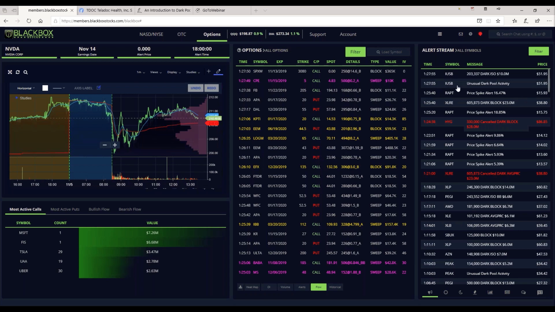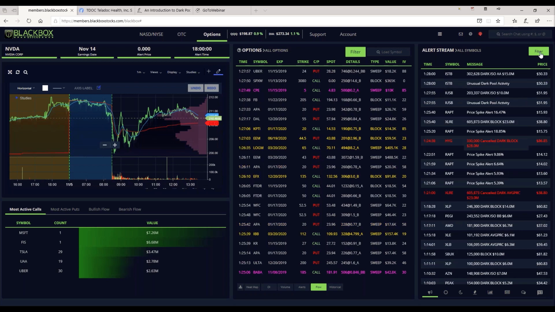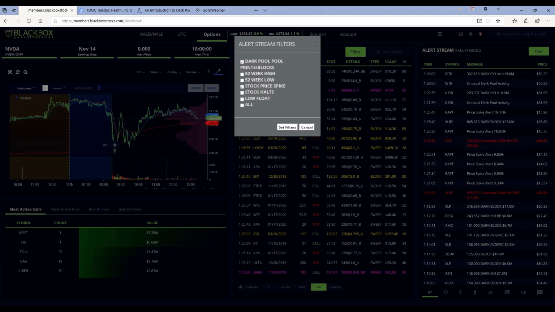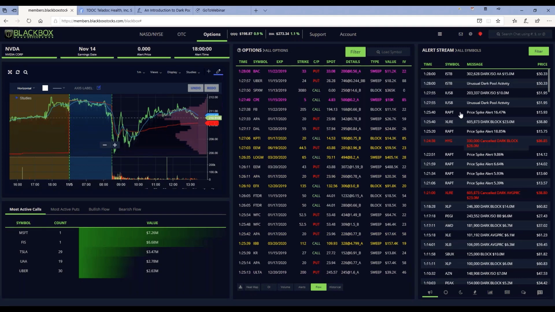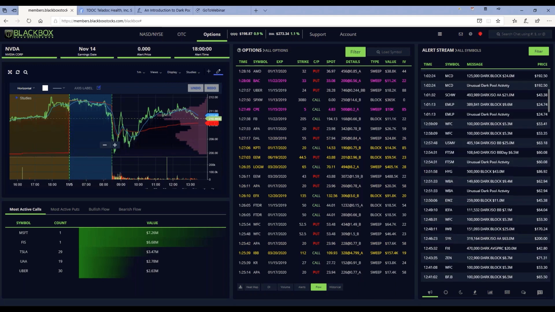This runs live during the day. I personally filter mine to just show dark pool. You can also filter yours to show 52-week highs and lows, price spikes, halts, low floats, but I keep my eyes on the dark pool. I am looking for unusual volume that may be coming through because as traders, what do we want?